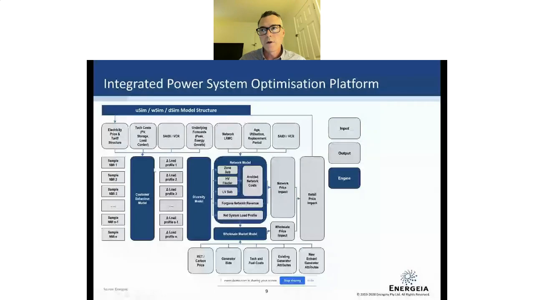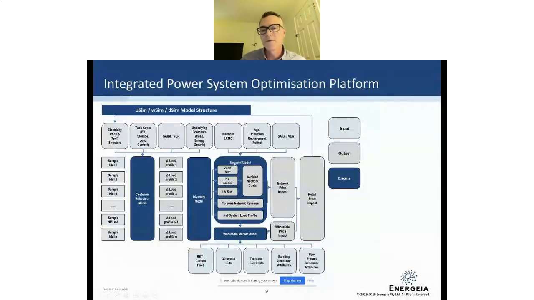Now, based on all of these factors, each one of these agents adopts new technology or they don't, and then their loads are combined in a statistically robust way so that we can generate the impacts of those decisions on each of the assets of the distribution business, whether it's the zone sub. When we have the data, we can also apply it to HV feeders and LV substations.